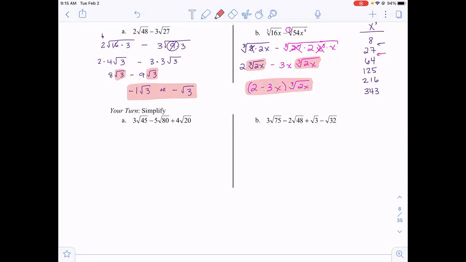We did the exact same thing I did for part A, except I can't actually subtract the 2 minus 3x. But it is super important that you put them inside parentheses. Otherwise, it will look like 2 minus 3x times the cube root of 2x. But really, both of them. Got it.